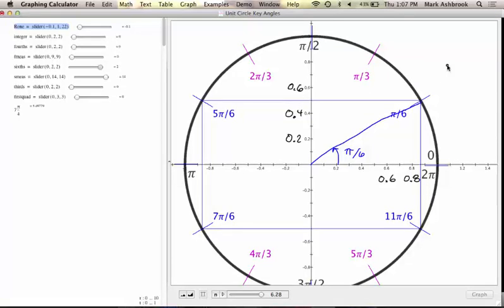So what's an estimate? That's 1, of course. Right, so this is 0.6, 0.8, and 1 is all the way at the circle. So we want to estimate the cosine. Let's do that. Matt, estimate the cosine of pi over 6.